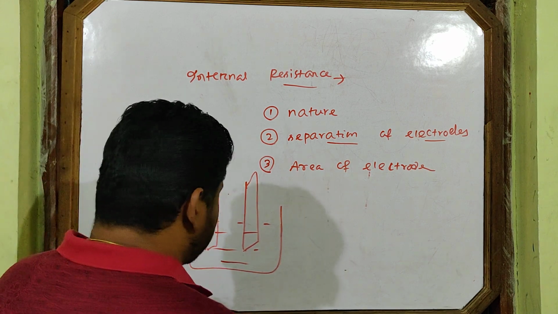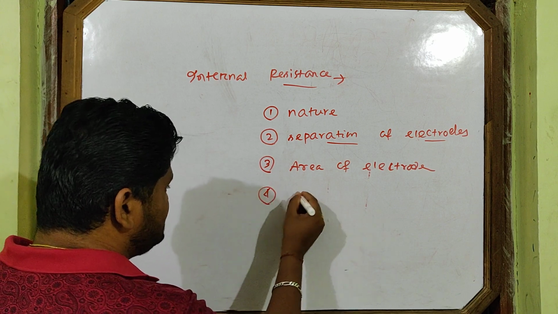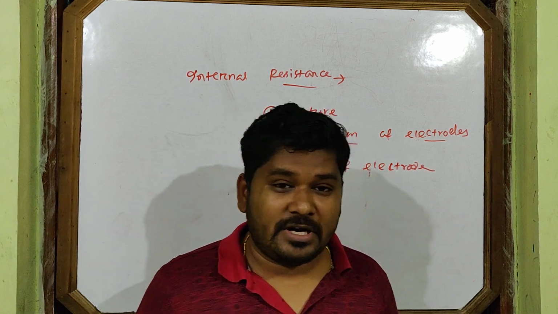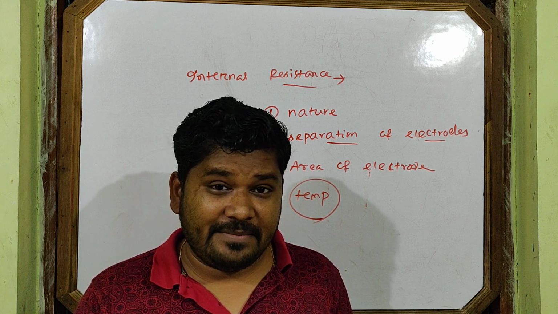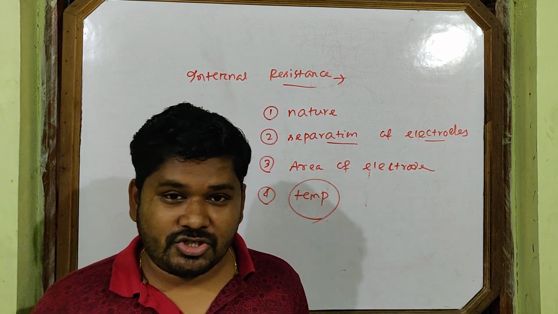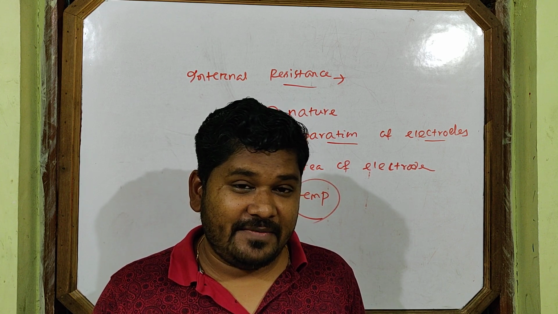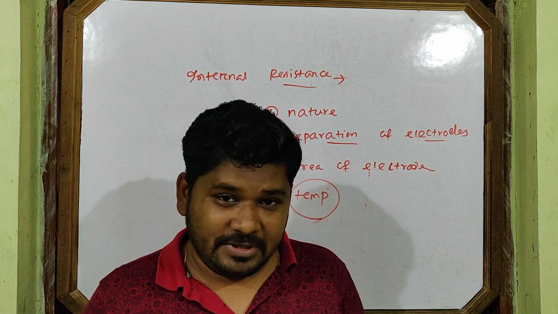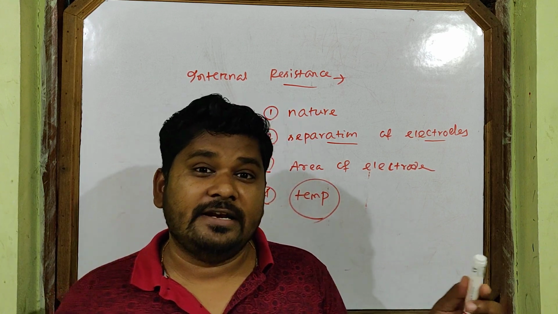Then the last factor, the fourth one, is temperature. This is a very important one. What happens to the internal resistance if temperature increases? If temperature increases, ions move with more kinetic energy.